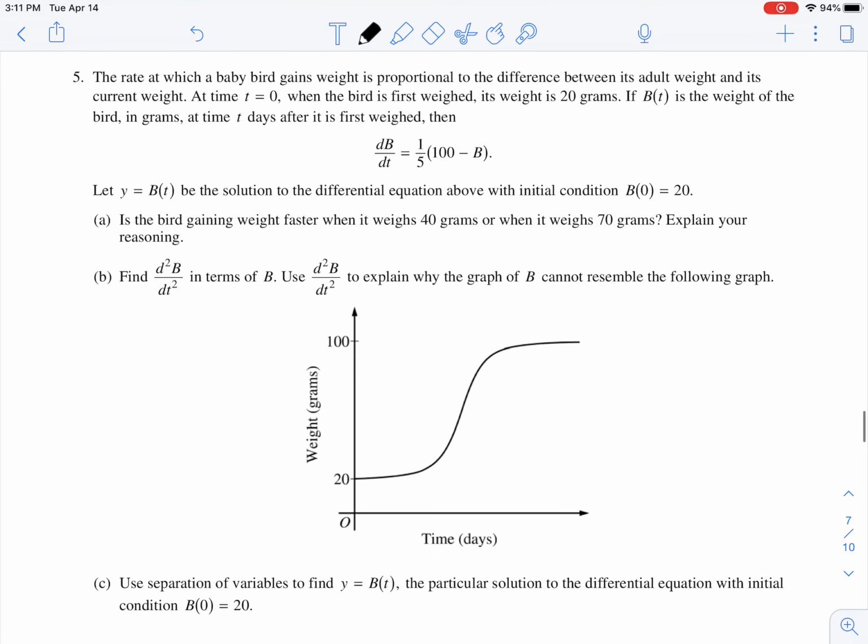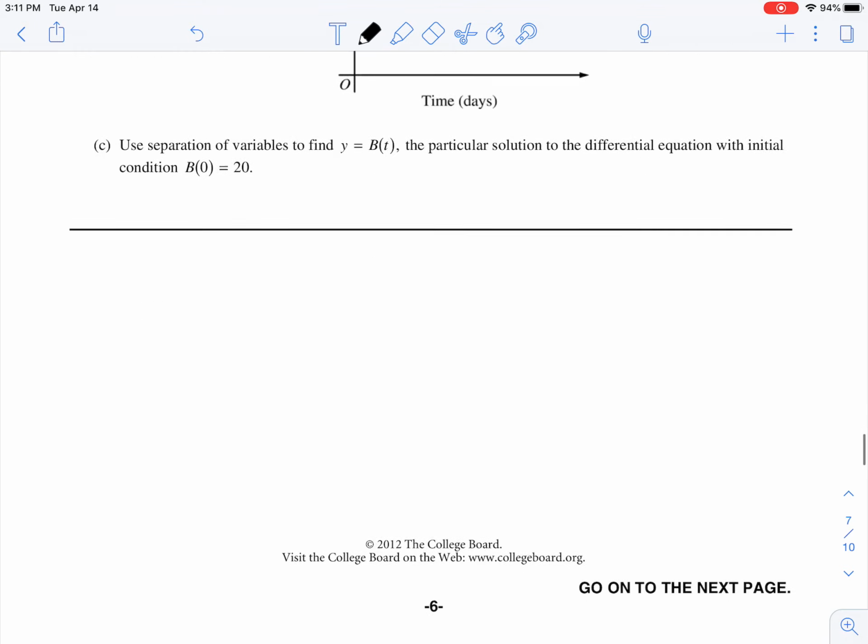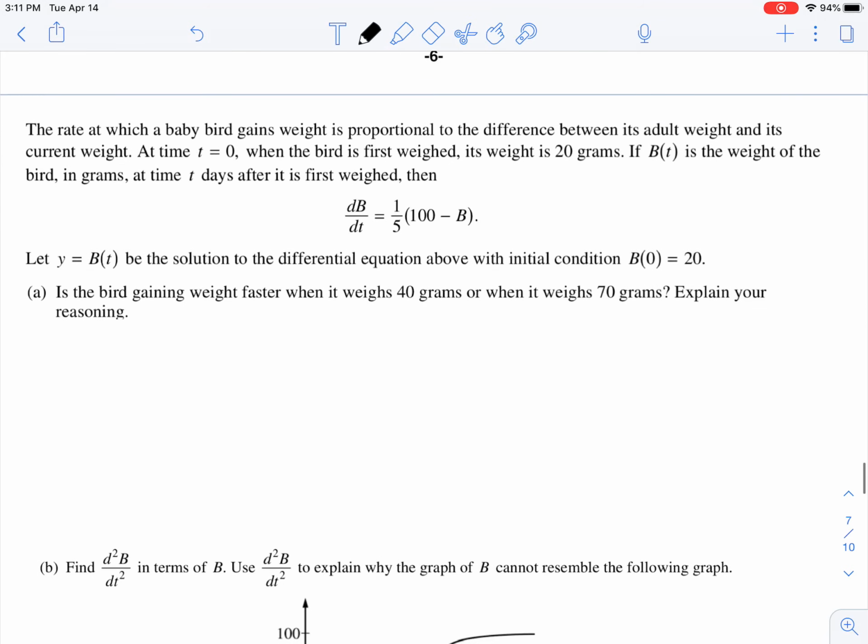So let's start with the first part. The first part is asking, is the bird gaining weight faster when it weighs 40 grams or when it weighs 70 grams? So we are going to use dB/dt. So we have dB/dt, and we are going to evaluate this differential equation when we know that its weight is equal to 40.